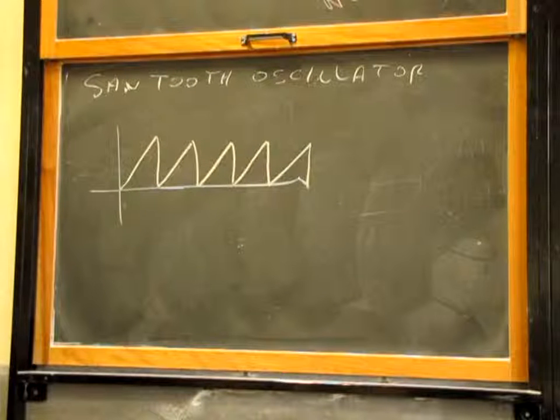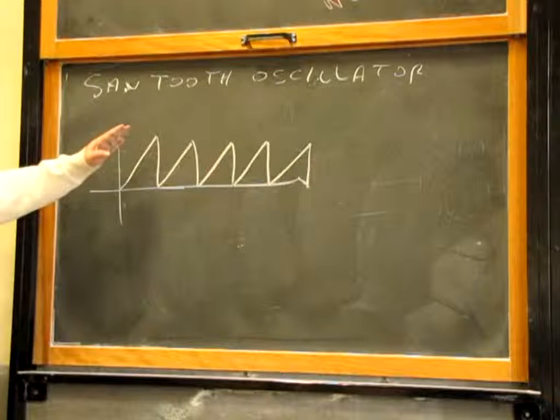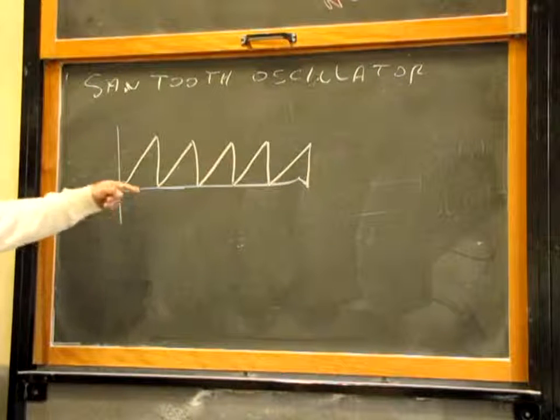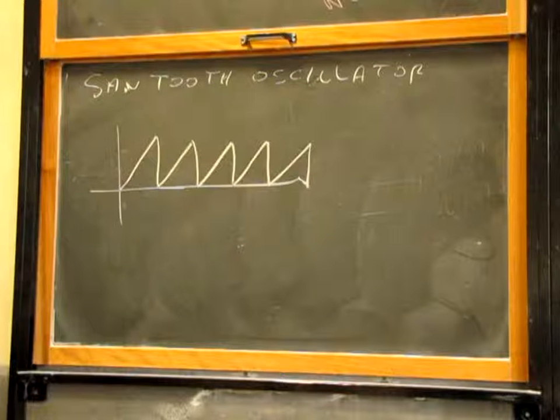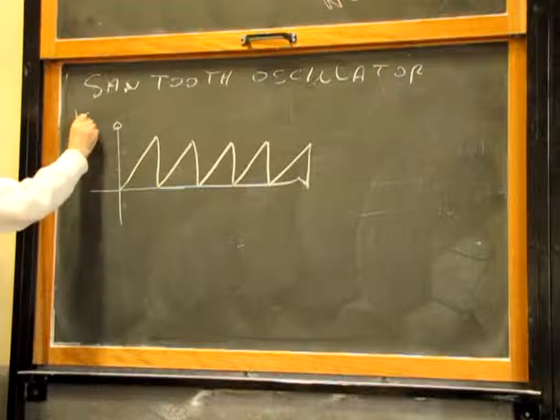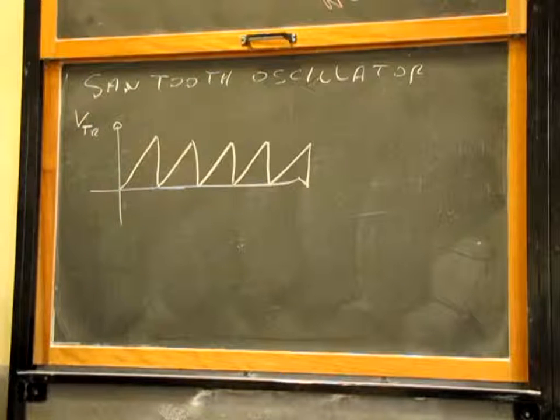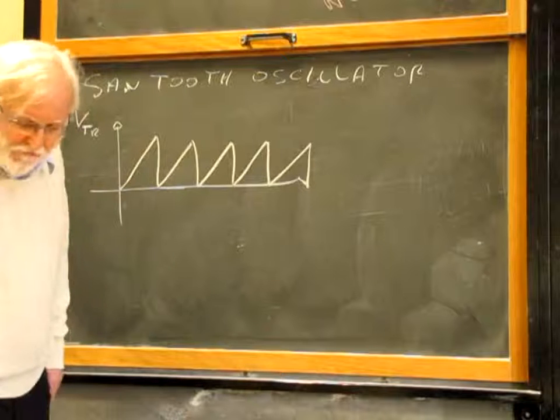Periodic waveform. Sawtooth because it's not symmetrical. There is one slow rising edge and one fast falling edge. And I call it the triangle. It's not a symmetrical triangle, it's a non-symmetrical triangle.